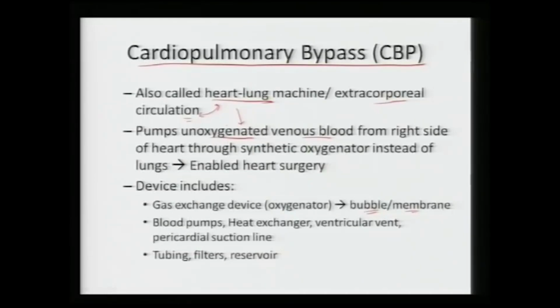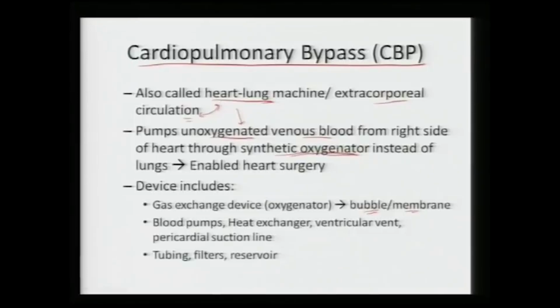So basically, what is happening here is the cardiopulmonary bypass pumps the unoxygenated venous blood from the right side of the heart through certain oxygenators instead of the lungs, because this blood has to get oxygenated via the lungs, but now this synthetic oxygenator can take care of the oxygen exchange.